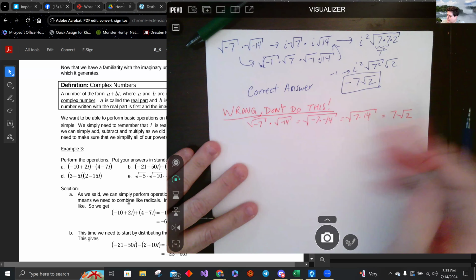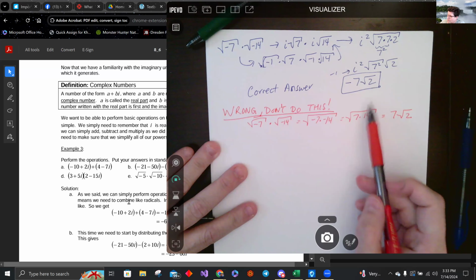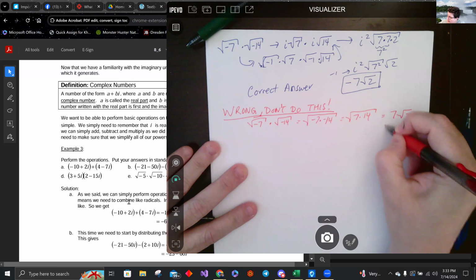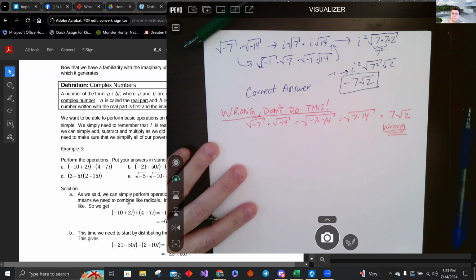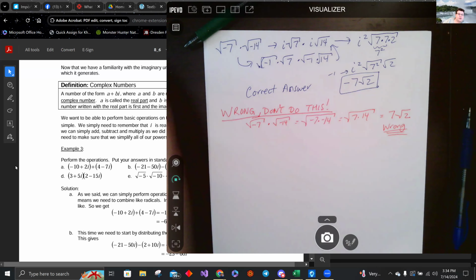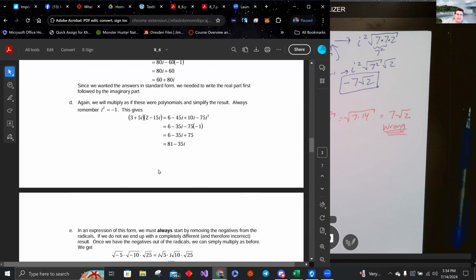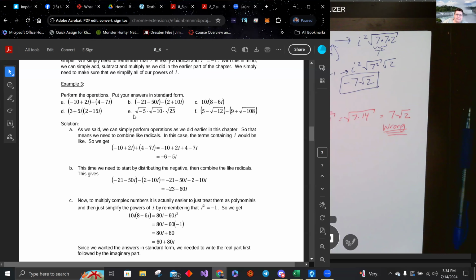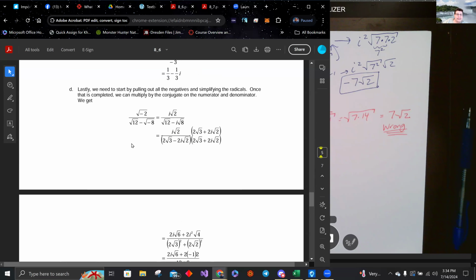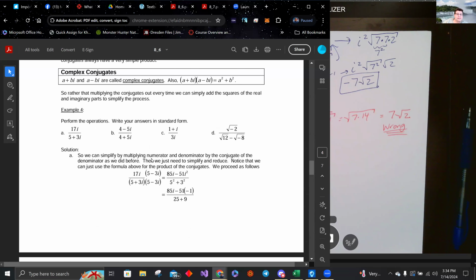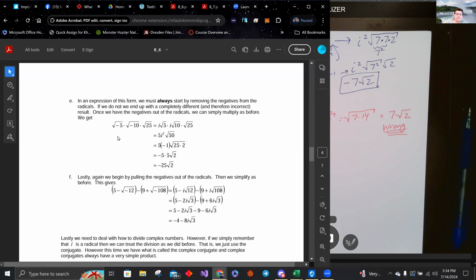So we need to take out the i first, because otherwise we get the wrong answer. This is wrong. It's not the right sign. And if you look in Mr. Blakely's textbook, he walks through a similar problem here. He's got negative 5 and negative 10. And if you come down to look at E, where is it? I went past it. Right here, he does the same thing, takes out the i's first.